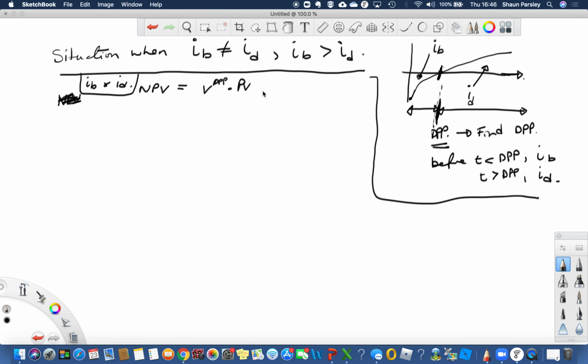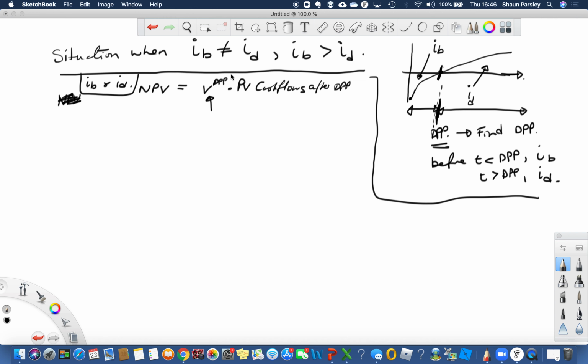And then the present value of the cash flows after that point, after DPP. There's some questions on this. Because all the cash flows before that come to zero.